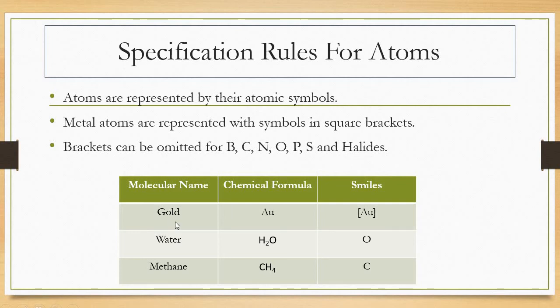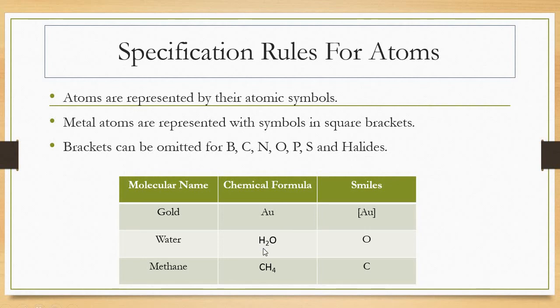For example, gold is a metal with the chemical symbol Au, so in SMILES it is written in square brackets. The chemical formula of water is H2O, but it is written in SMILES as O, because if the brackets are omitted, then the proper number of implicit hydrogen atoms is assumed.